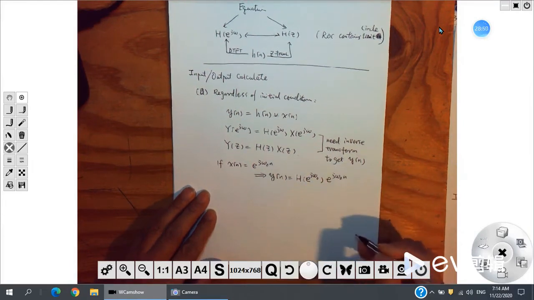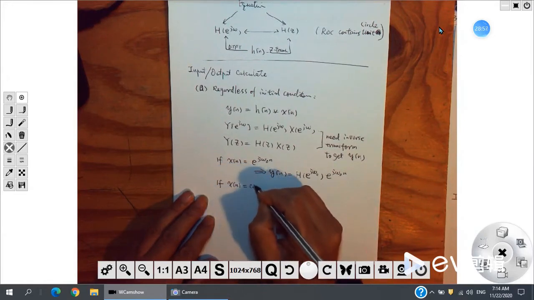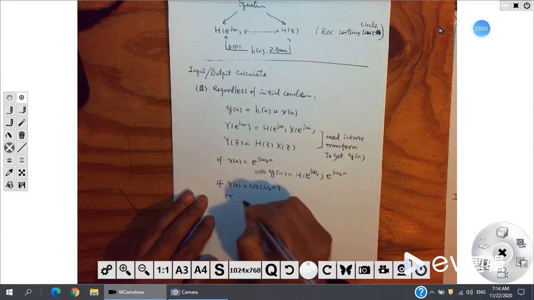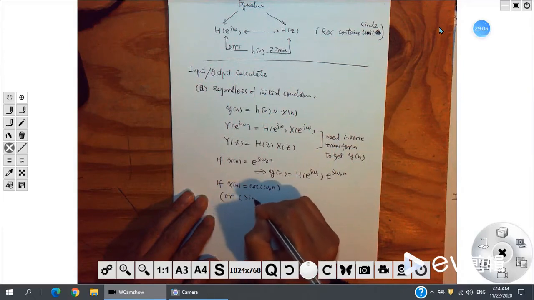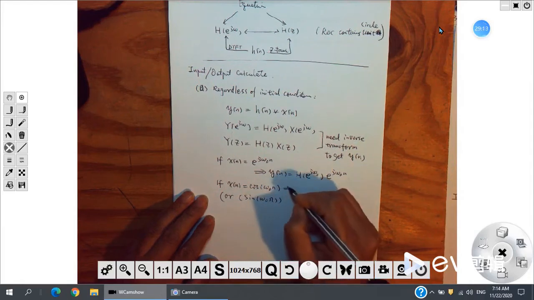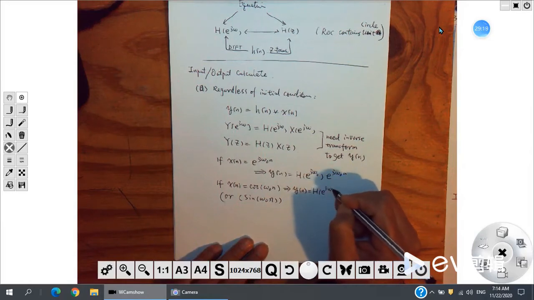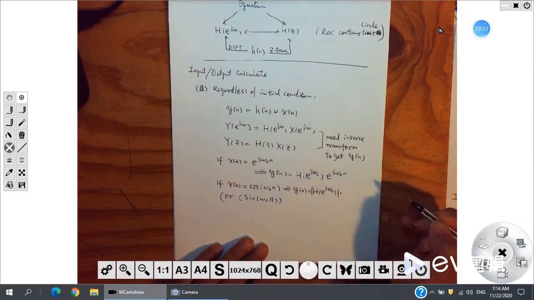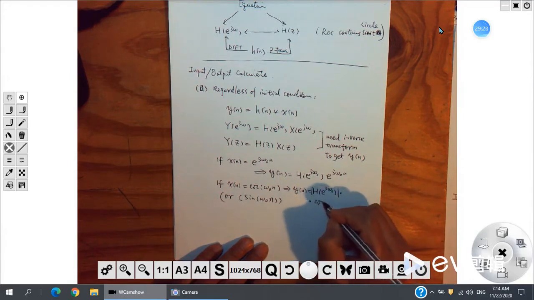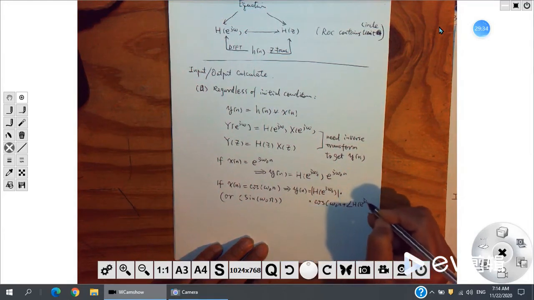And similar thing, if x of n is cosine omega 0 n or sine of omega 0 n, then y of n will equal the magnitude of the frequency response times cosine of omega 0 n plus the angle of H of e to the j omega 0.